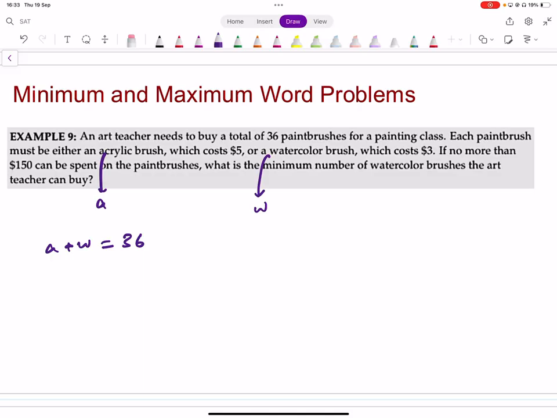A plus W is supposed to be 36. Okay, what else now? A costs $5 and W costs $3. The total amount that can be spent is 150. That means 5A plus 3W is less than or equal to 150.